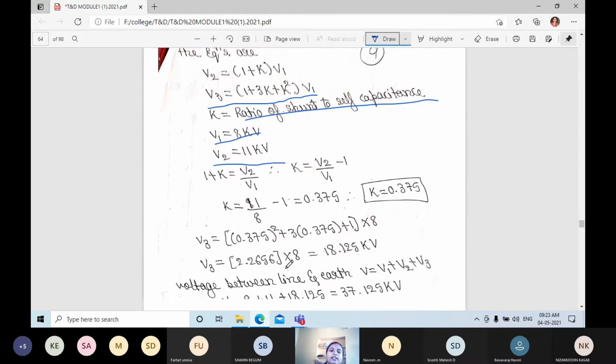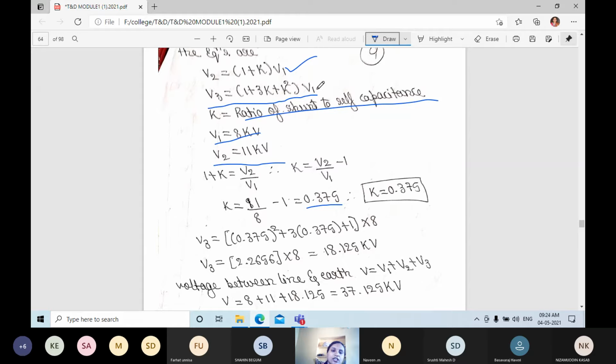From the equation, 1 plus K is equal to V2 divided by V1. So K is equal to V2 divided by V1 minus 1. K is equal to 11 divided by 8 minus 1. You will get K value 0.375. Next, we know the K value.